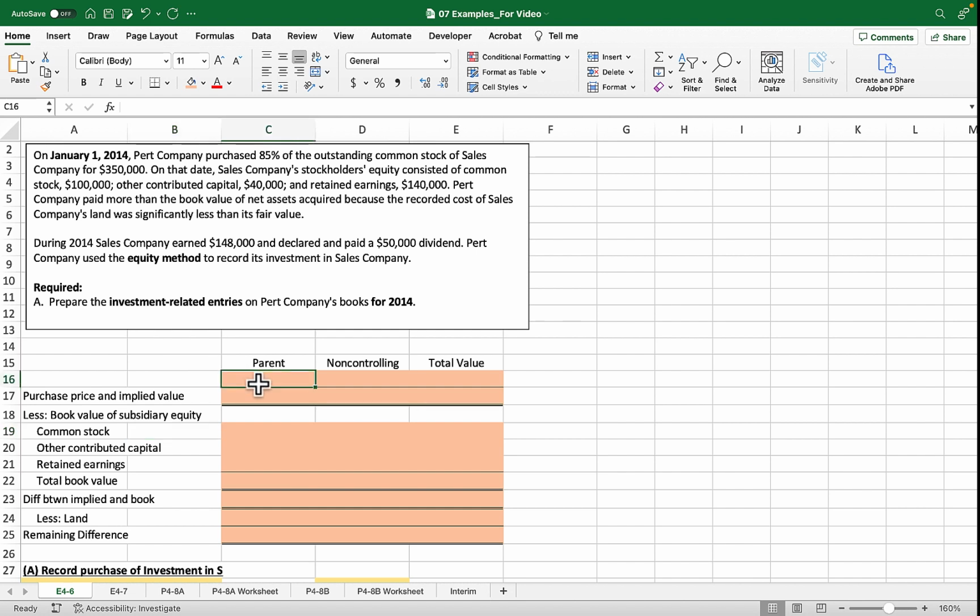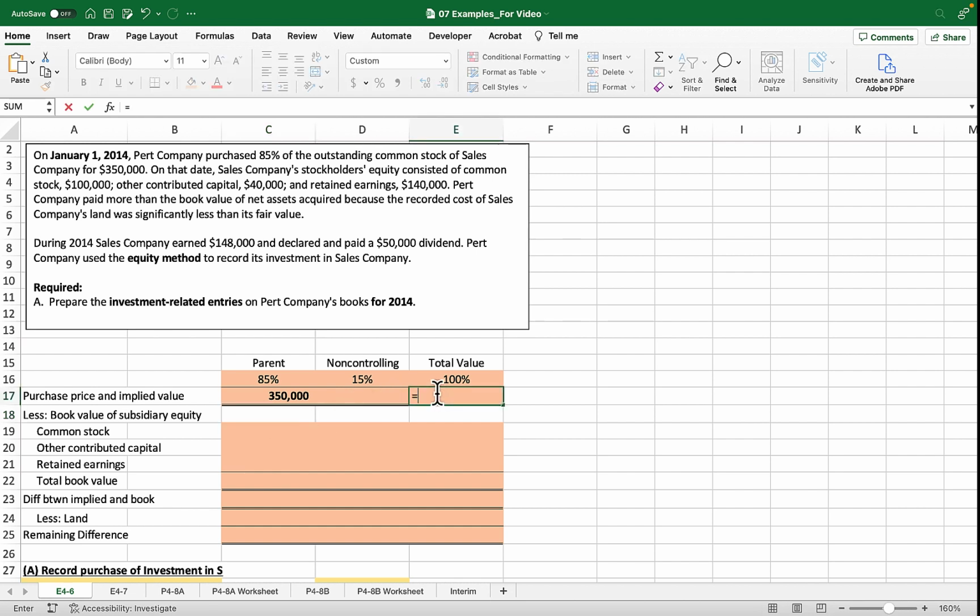So the computation and allocation of differences schedule is going to start with us entering our ownership percentage, which is 85%. We know that the total column is always 100. So that means that that leaves us with 15% for our non-controlling interest. Our parent share cost us $350,000 to get that 85% interest.